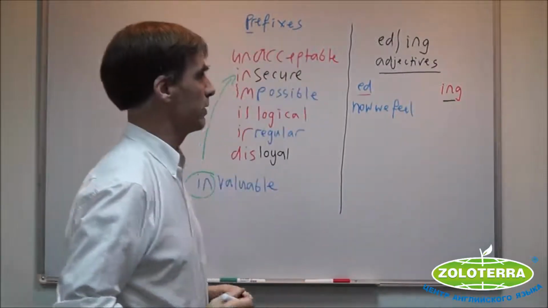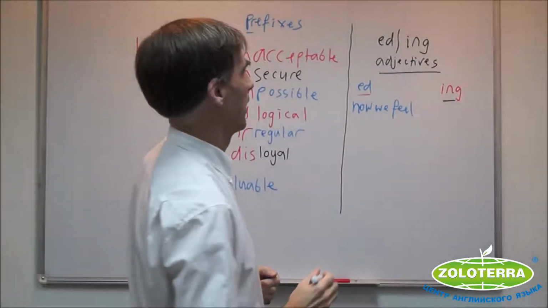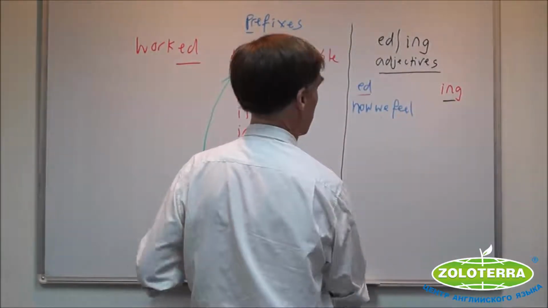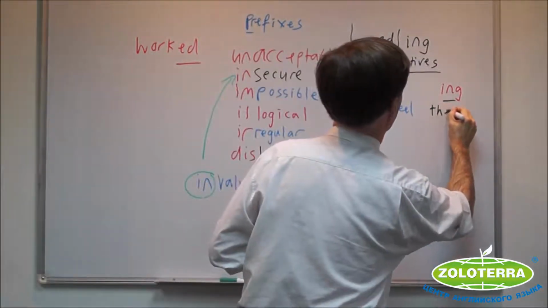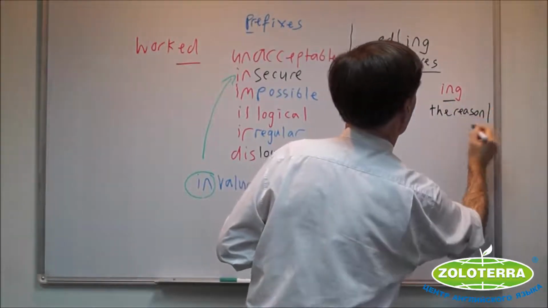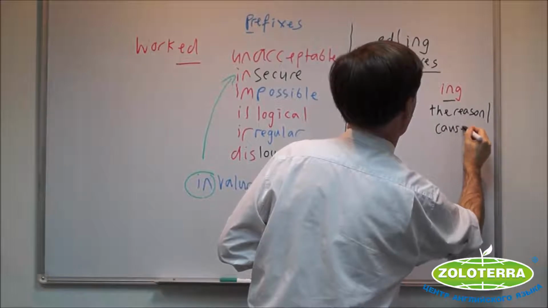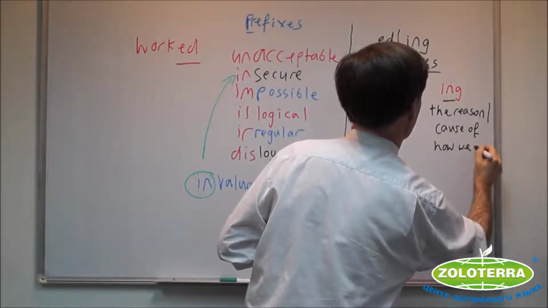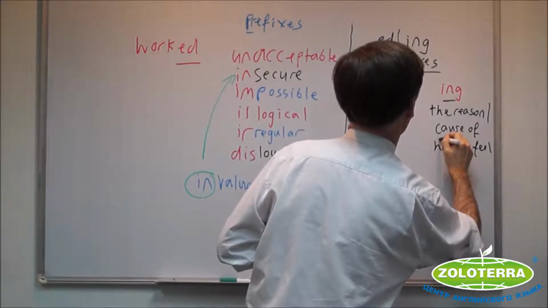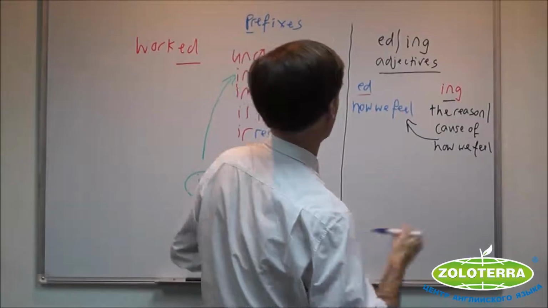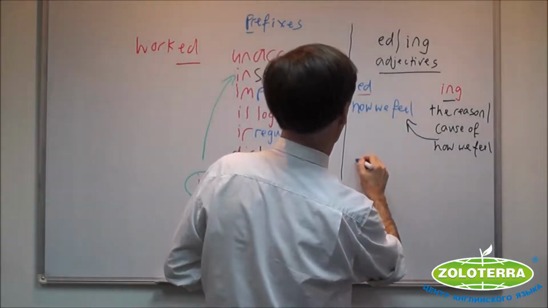So they are normally describing people. ing forms are the reason, the cause of how we feel. So for example, I am bored.